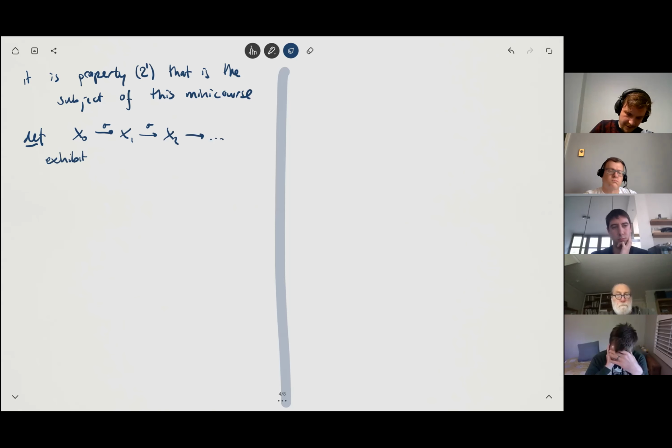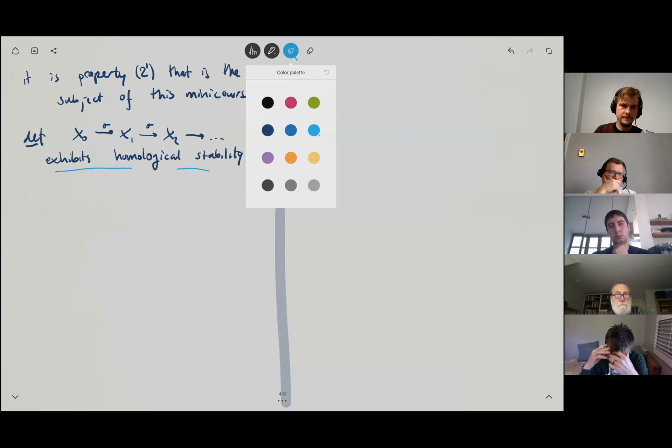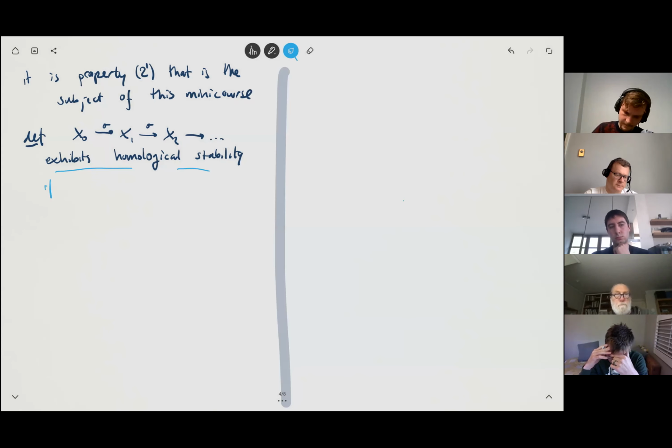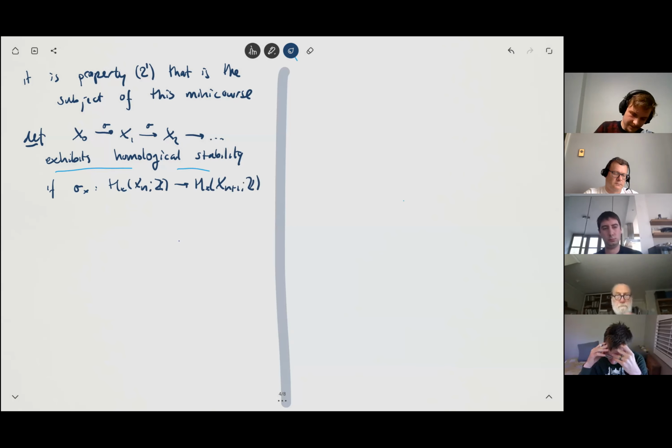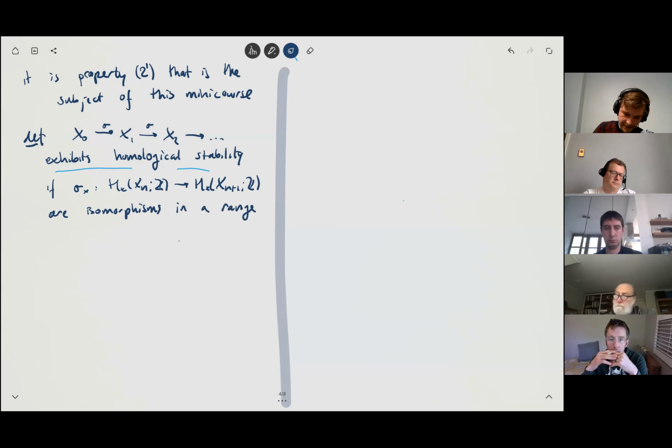This exhibits homological stability, or satisfies homological stability, if you prefer that way of saying it, if the induced maps sigma star from the homology of xn to the homology of xn plus 1 are isomorphisms in a range tending to infinity with n.